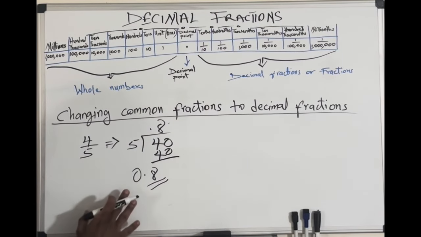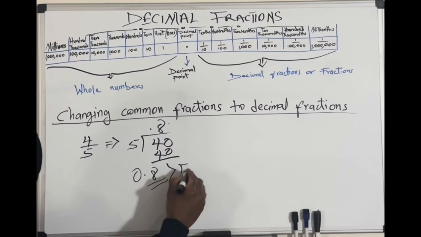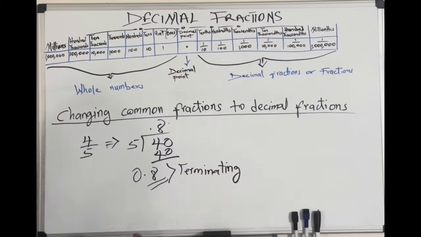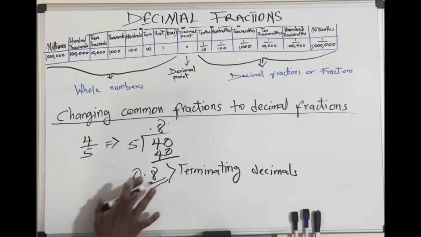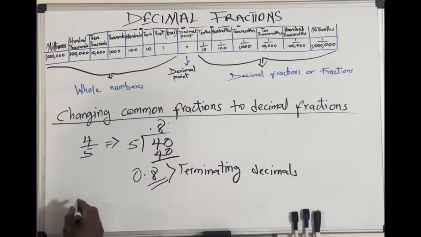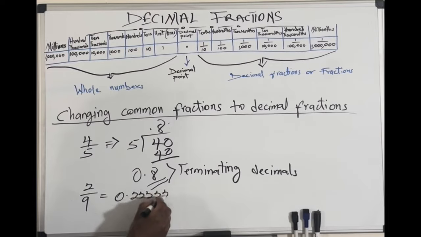Whenever you divide and then you have a finite number, it's called terminating decimals, because you've terminated it, you've ended it. But we have something like, let's say, 2/9. With long division we can have 0.2222222.